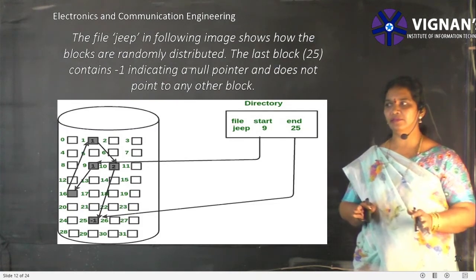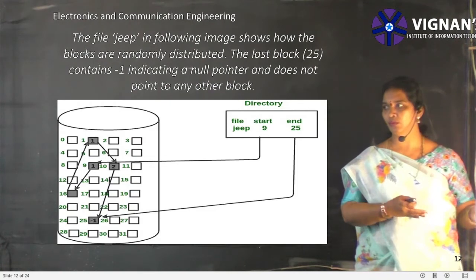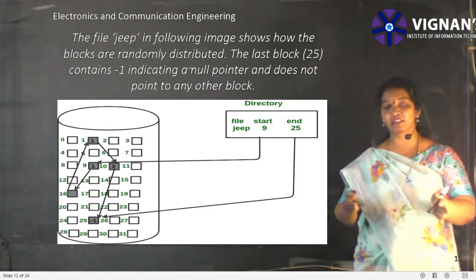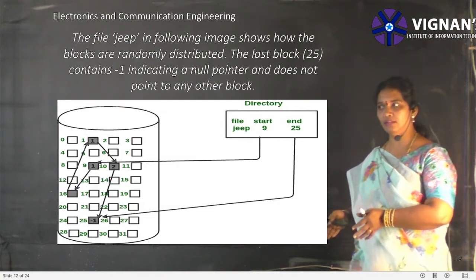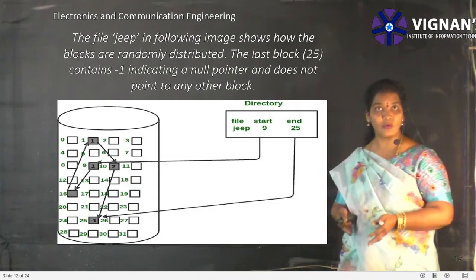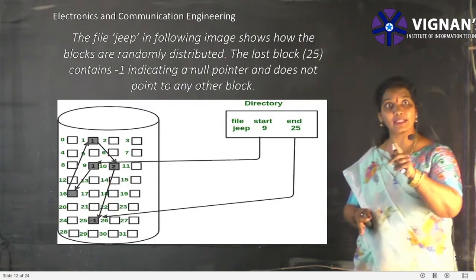So you see, 1 is pointing to the second location, which is 11. 11 is pointing to the 10th block. 10 is pointing to the 16th block, and so on. Whereas 25 is pointing to -1.